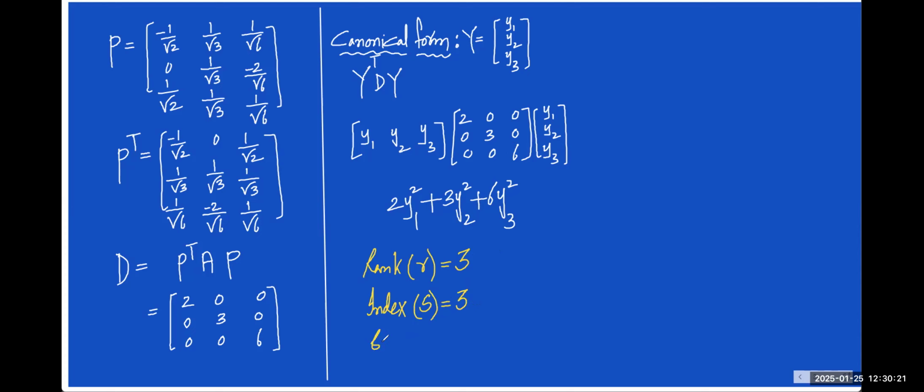Now signature. Signature is 2s minus r. 2 into the s value, which is 3, minus the r value, which is 3. 6 minus 3, the answer is 3. So that is the signature. Now finally we have nature.